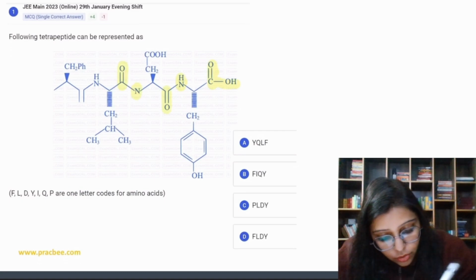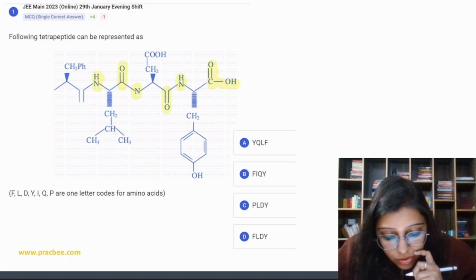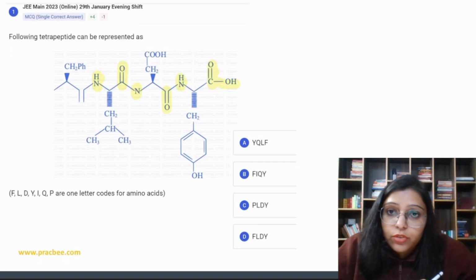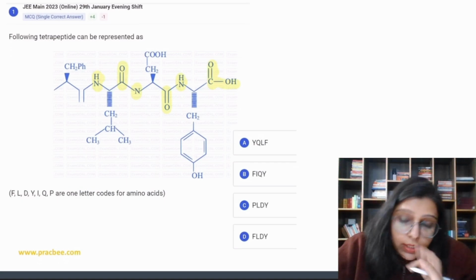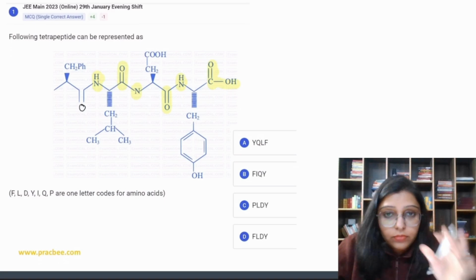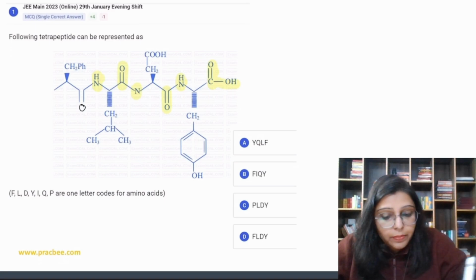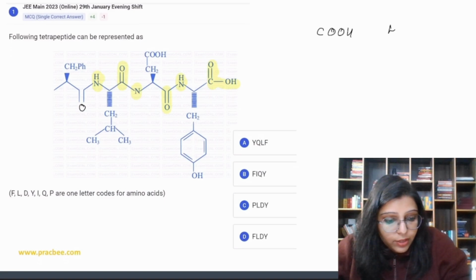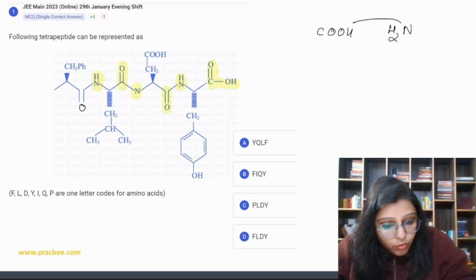This is again COOH group. This is NH. Okay. So we have this kind of structure, right? Now the point is that here we should be having oxygen. It means when two amino acids combine, here we have COOH and here we have H2N. So we are going to remove water.